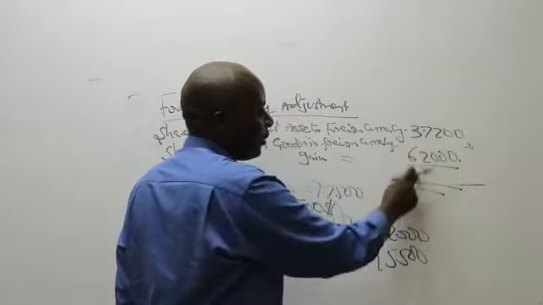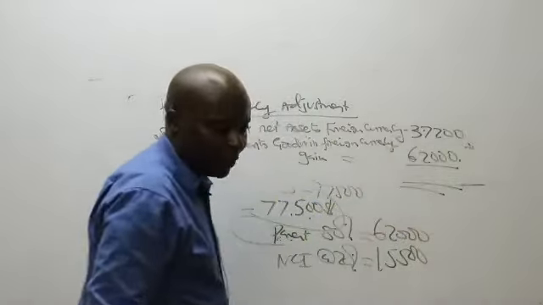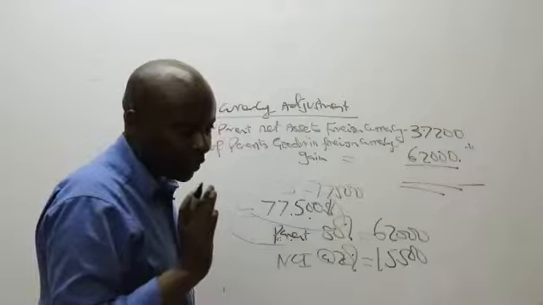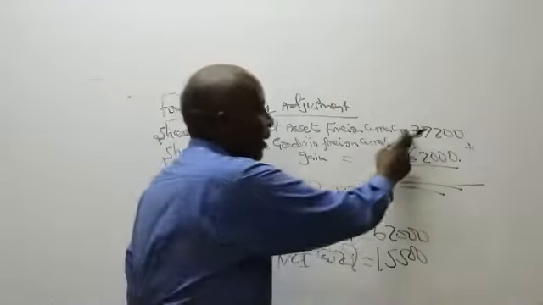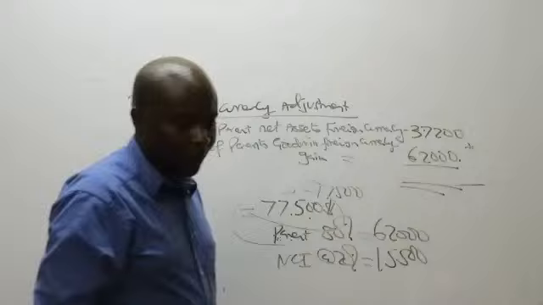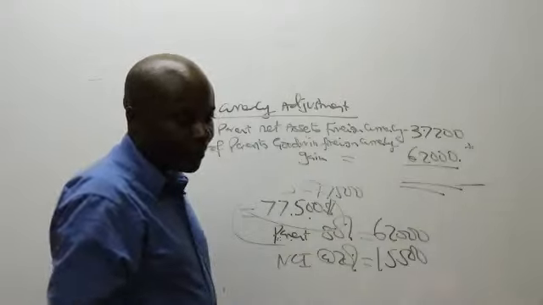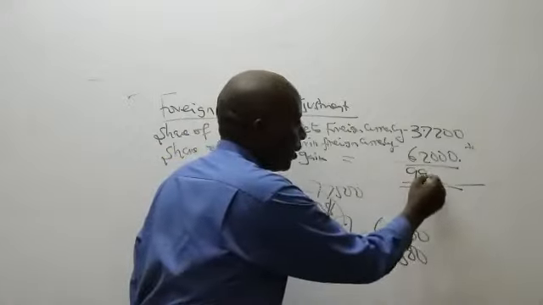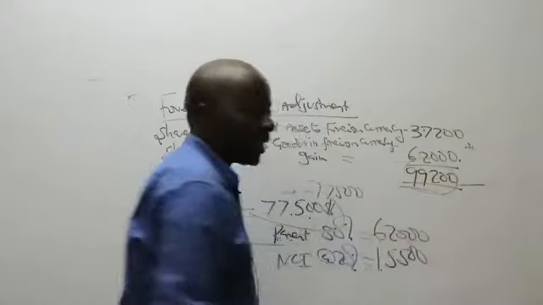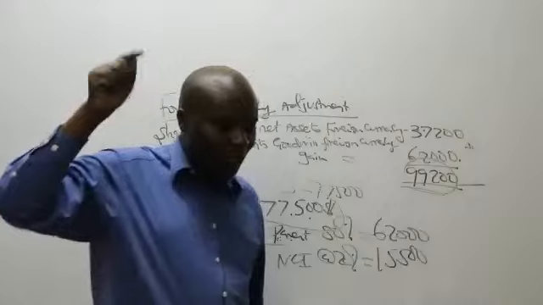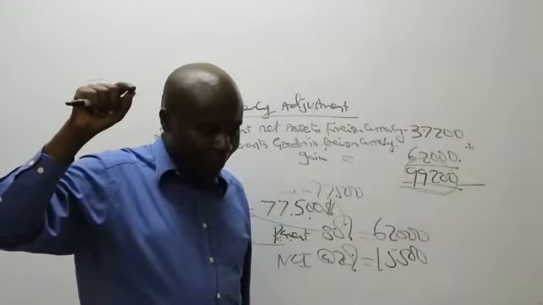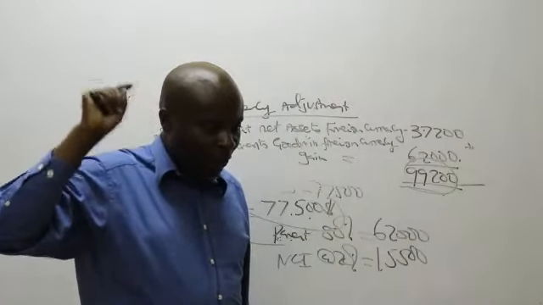So could you kindly go there and add? Or rather, first of all, give me the total here, for the parent only. So please come here and give me this. 99,200. What I don't know is whether you have been able to fix that figure somewhere in your statement of financial position.